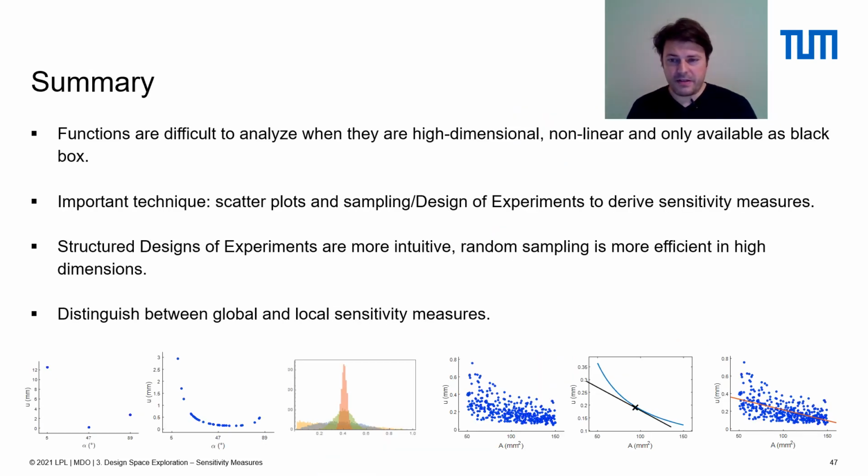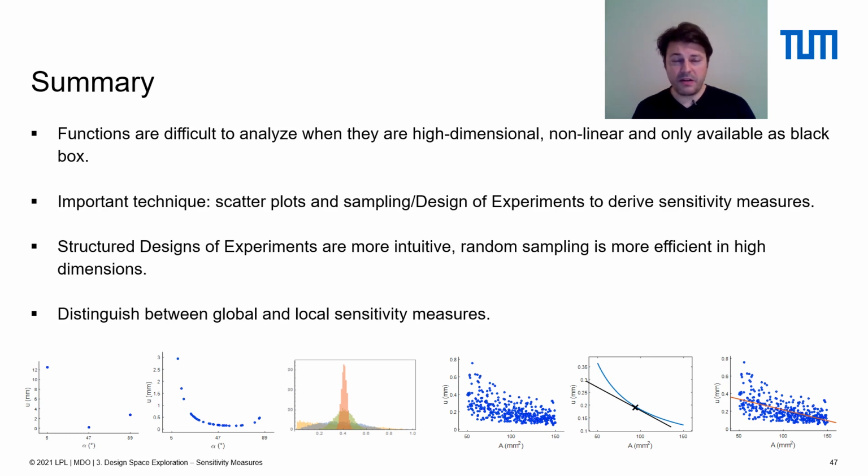So let us summarize today's lecture. What we talked about today was how we can analyze functions that we would like to understand as a whole. We would like to understand how design variables affect the output of those functions, and what design variables are relevant and what design variables are not.